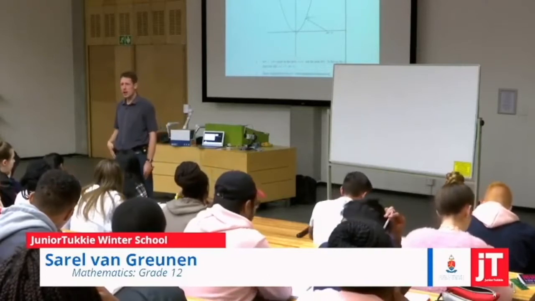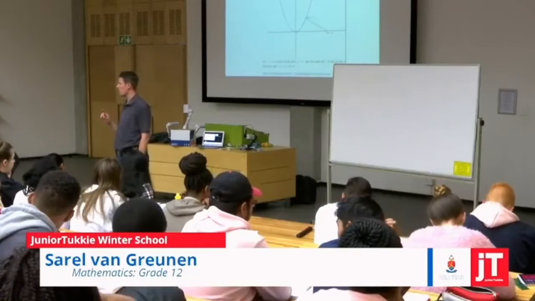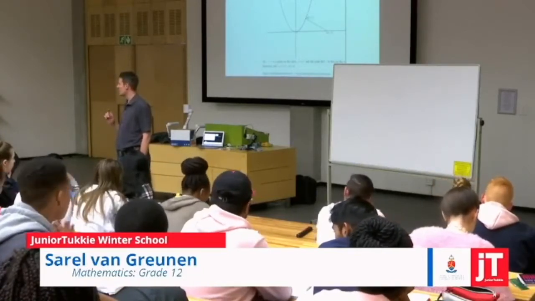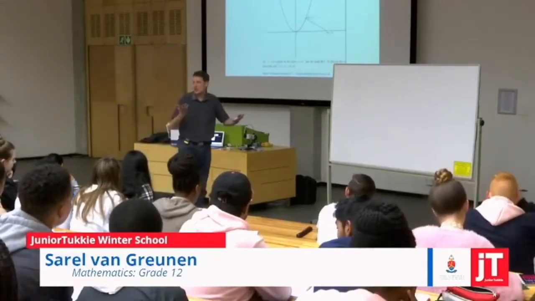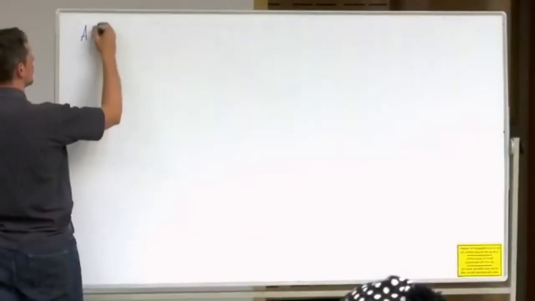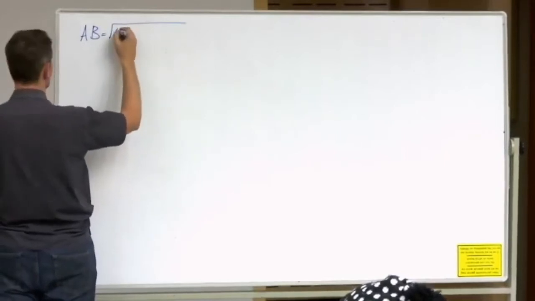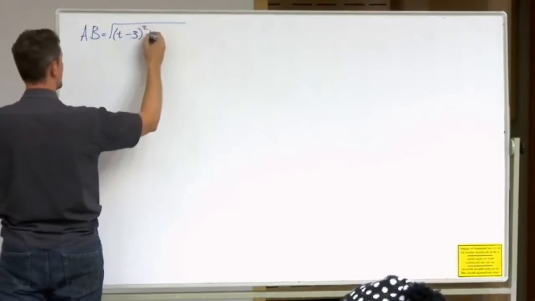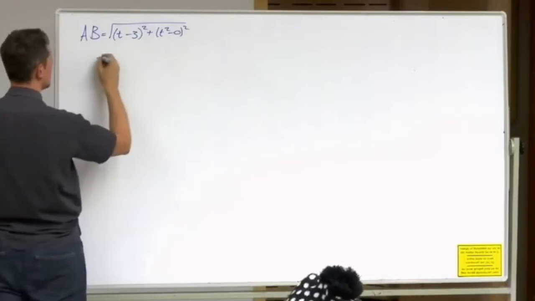Was there another way that I could do it without the distance formula? By using what? By using Pythagoras. But that is in any case the distance formula. So if I were you, I would have also gone towards the distance formula. So that would give me t minus 3 squared plus t squared minus 0 squared.